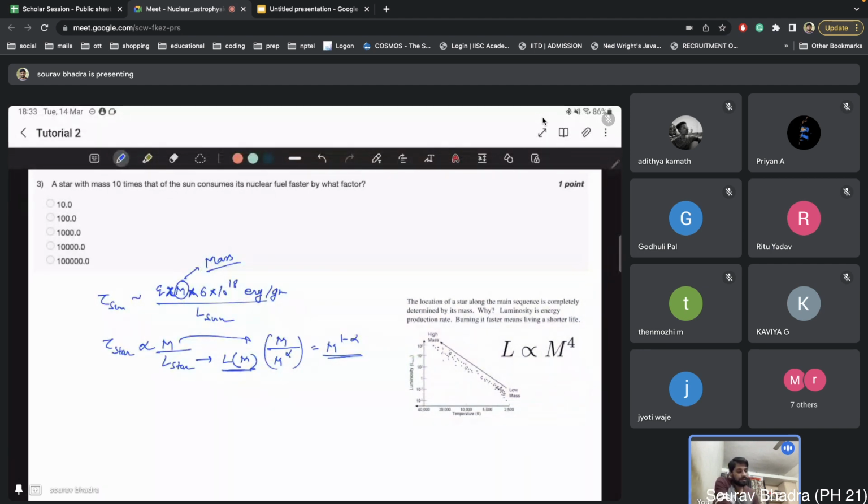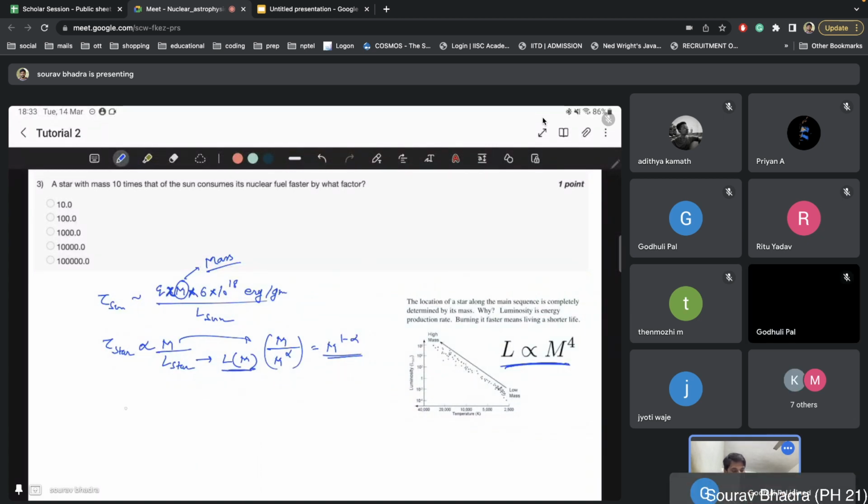Here you can see a diagram of luminosity, and here the distribution of stars. Roughly this luminosity-mass relation follows L varies as m to the power 4, because it is not any theoretical value, it is purely observational. This m to the power 4 comes from fitting the data with a known graph plot.